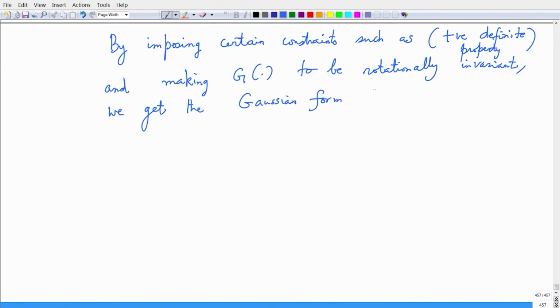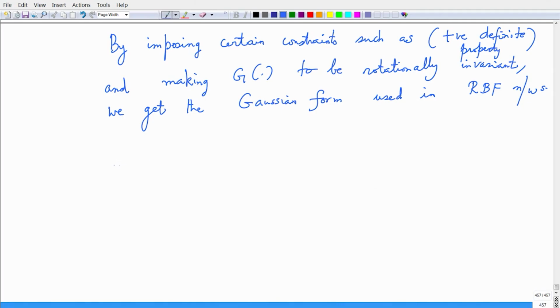And this Gaussian form is used in RBF networks. And that is the reason why it is a radial basis function.